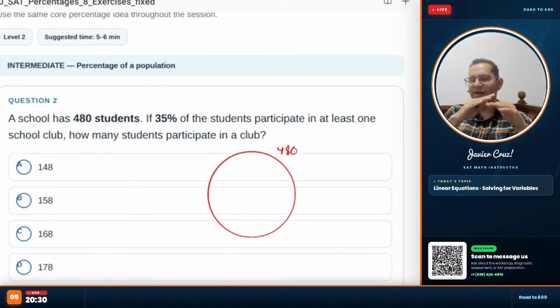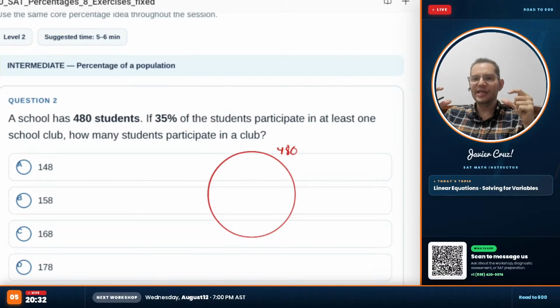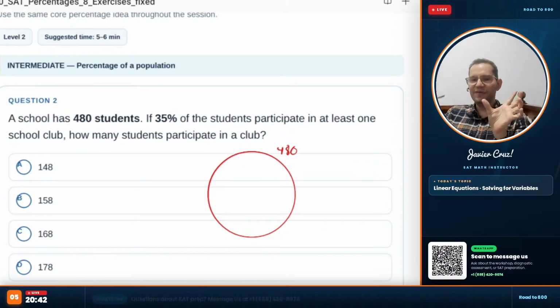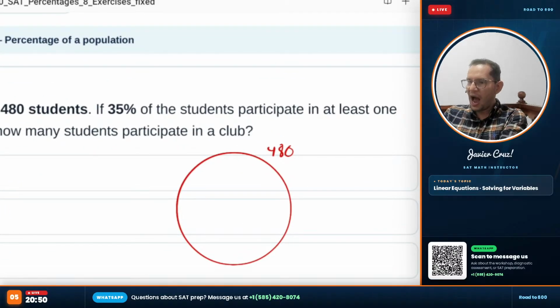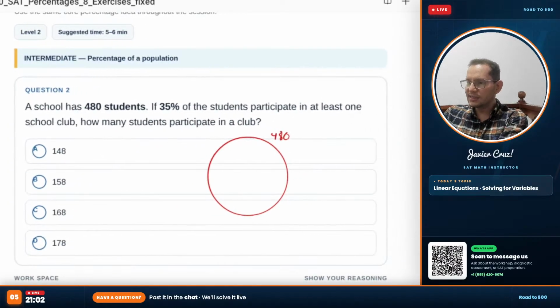If you try reading all the problem first, then you lose time. So while I'm reading, I'm solving, I'm writing, so I'm understanding the problem pretty quickly. So as I'm reading the 480 students, I'm writing the circle here. So if 35% of the students participate in at least one school club, how many students participate in the club, right?